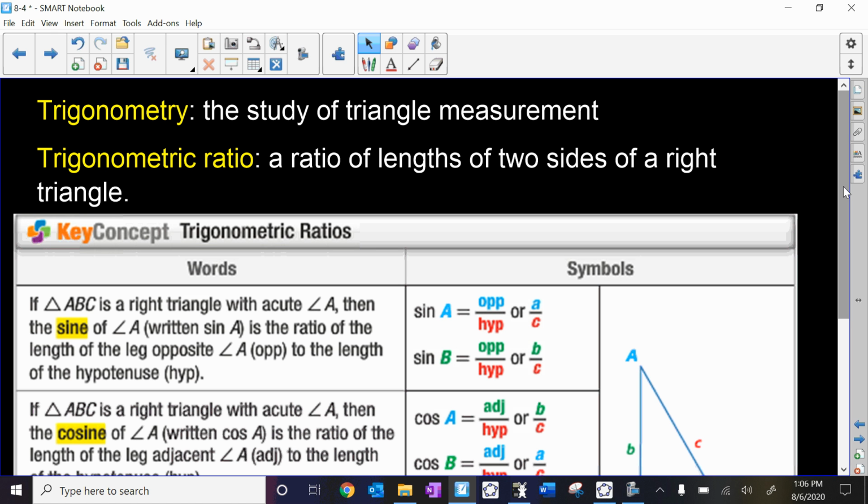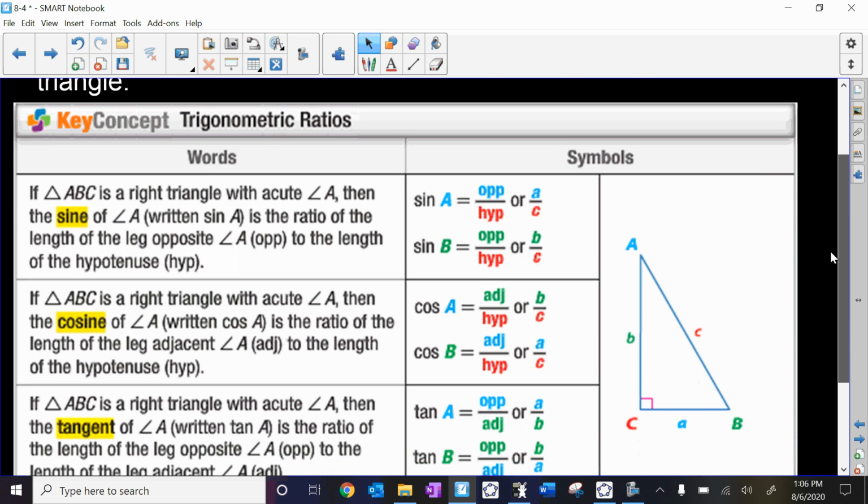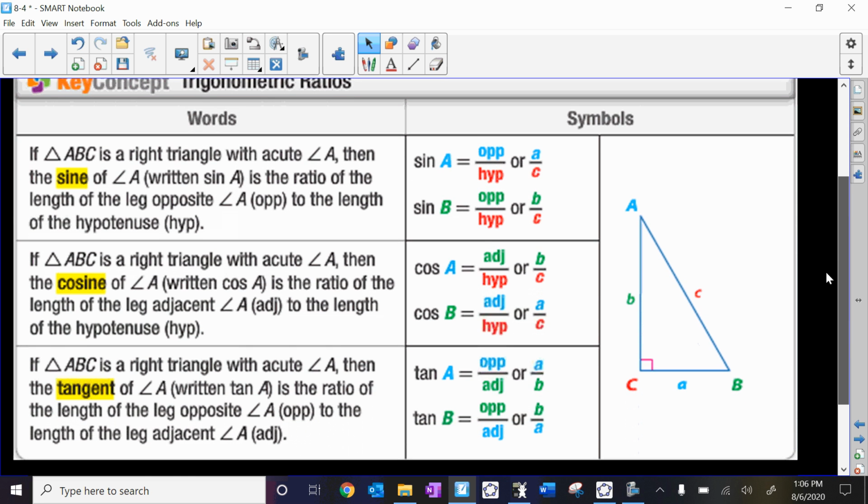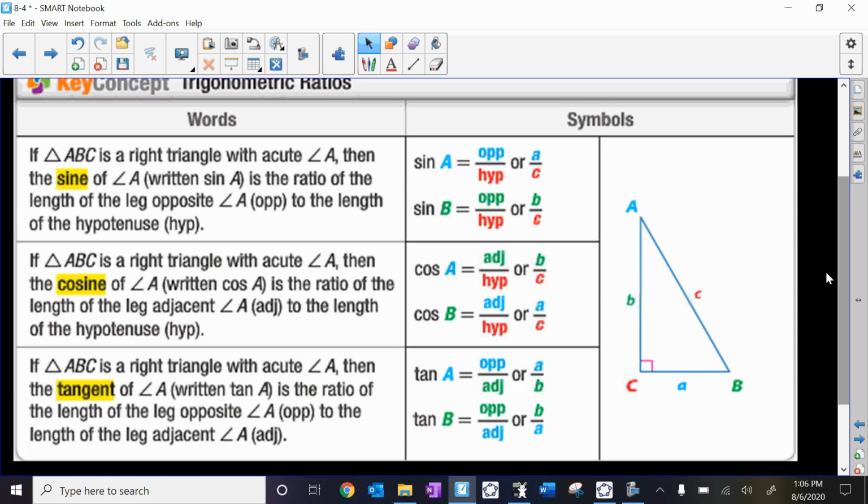So within your notes, you're going to want to write down what sine, cosine, and tangent mean. And on your paper, you're going to want to say sine of some angle measure, don't necessarily worry about that as much, is just opposite over hypotenuse. Cosine is adjacent over hypotenuse. And tangent is opposite over adjacent.